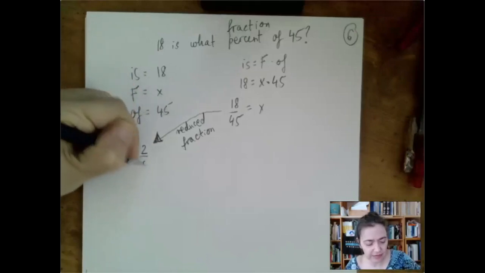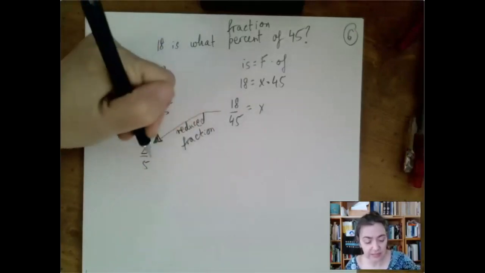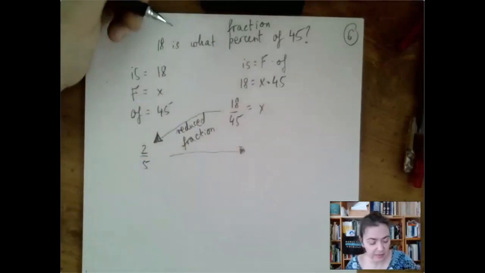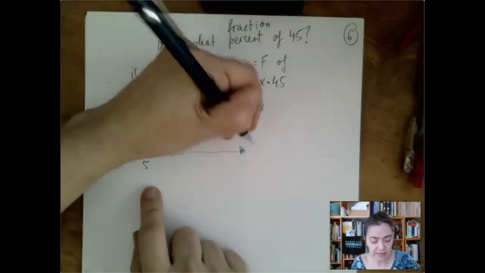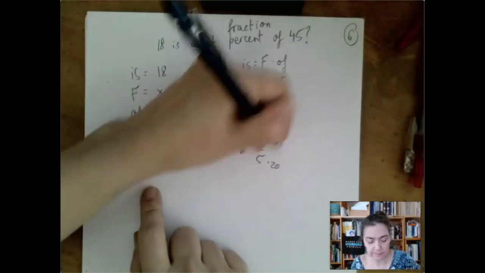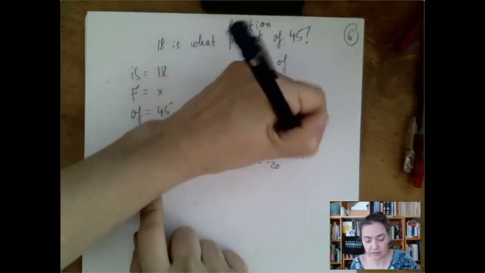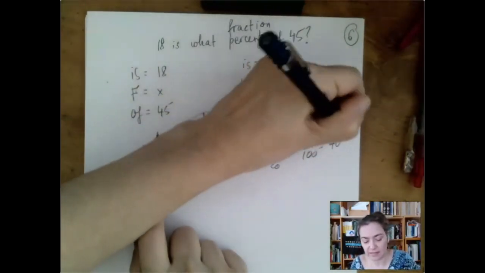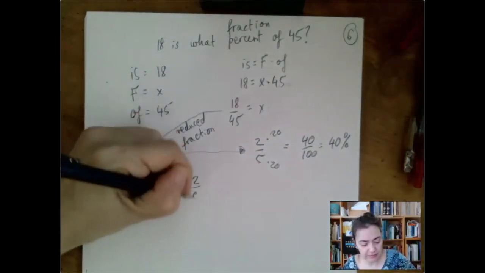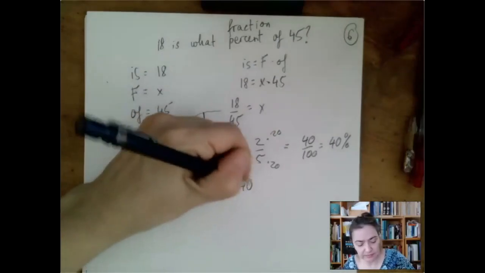It's 2 over 5, which is actually easy to turn into a percent, because we just multiply upstairs and downstairs by 20. And we get 40%. So the answer is 2 over 5 or 40%.